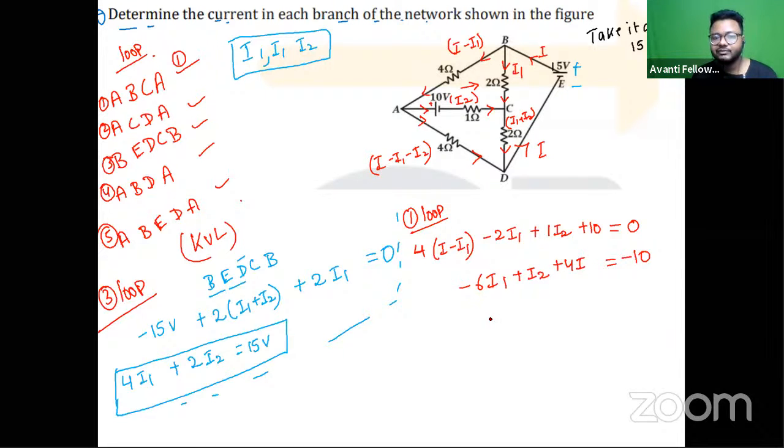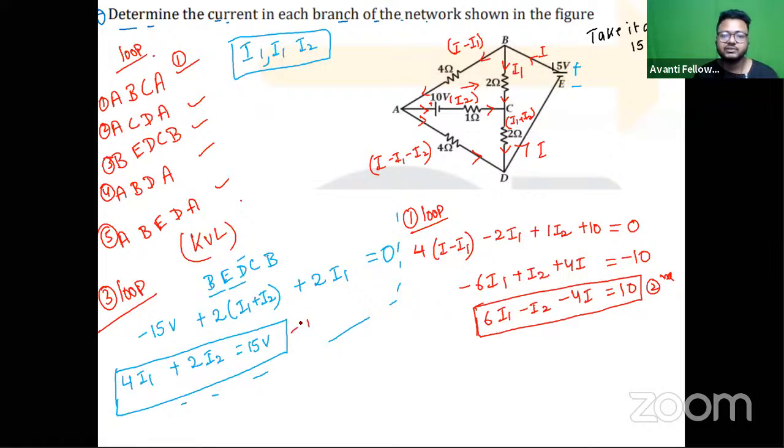So you can write from here that 6I1 minus I2 minus 4I equals 10, right? This is your second equation, and this is your first equation. And now from the second loop, are you guys getting?